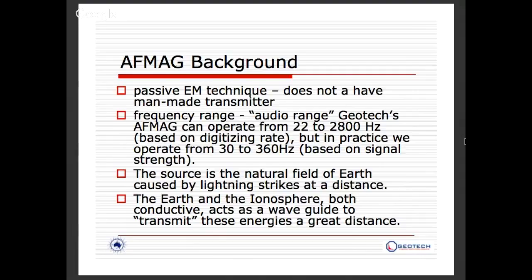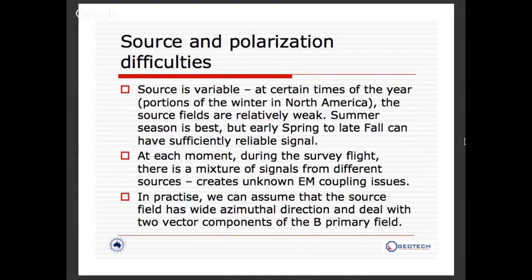At daytime, that energy is lower than at night time, but with airborne systems we cannot fly at night, so we can only do it in the daytime. That means that in northern or southern regions, we cannot fly in winter because there are no storms. But going further to equatorial zones, we can do the survey all year long. There is no problem.